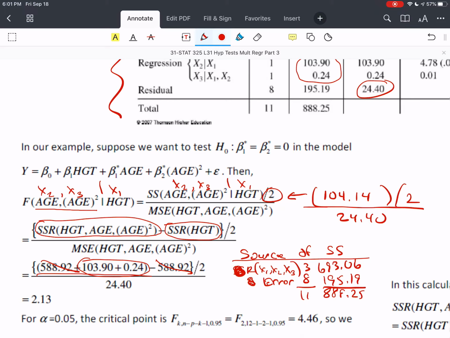One that had just x1, another that had x1 and x2, and then this third one that has x1, x2, x3. And so this value here is what's right here, which is this one, okay?